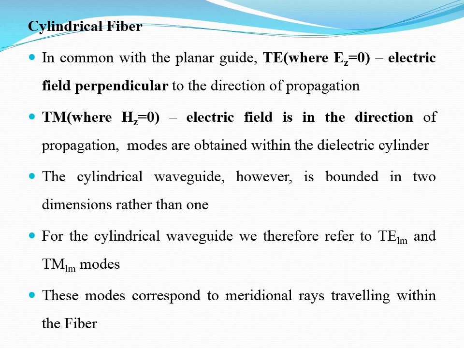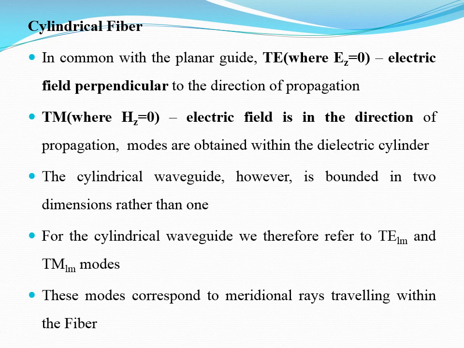Then we have cylindrical fibers. Very simple. In common with the planar waveguide, we have TE, transverse electric, and TM, transverse magnetic. Where the Ez component is 0, we say it is transverse electric: the electric field is perpendicular to the direction of propagation.